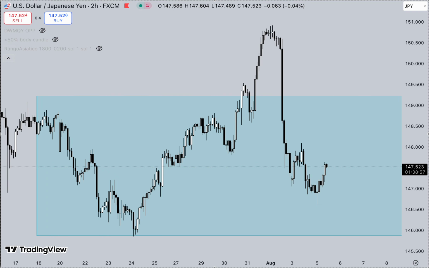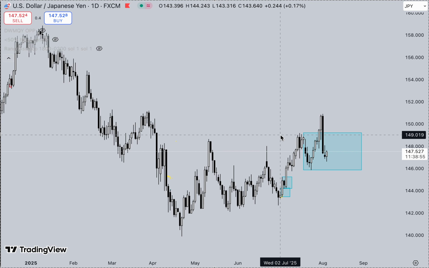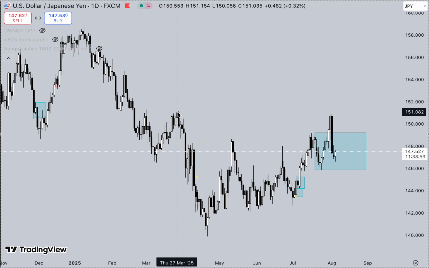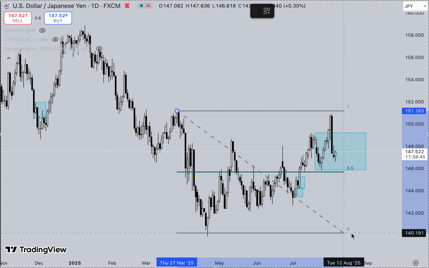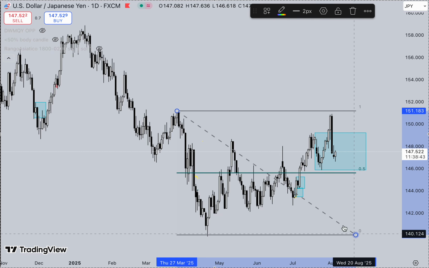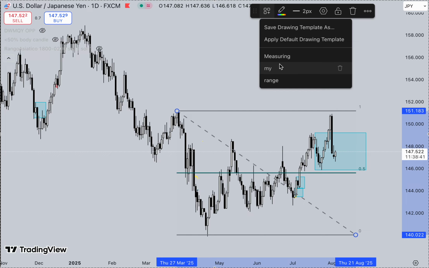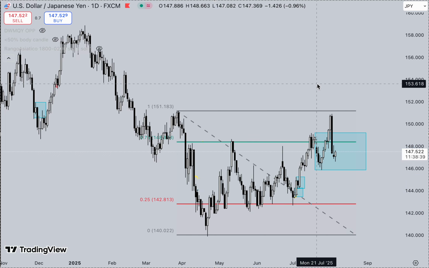USD JPY. On USD JPY, these are range high, these are range low. Now we broke this 75%, and we're using this V-shaped reversal.